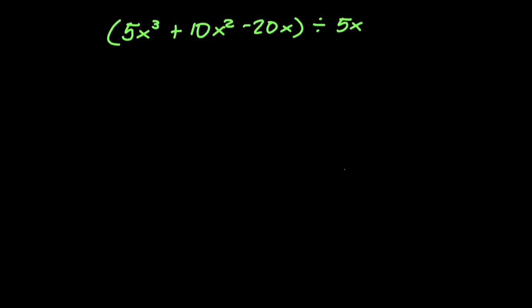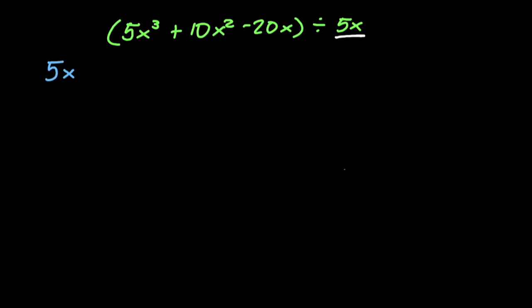Let us start with this. 5x cubed plus 10x squared minus 20x all divided by 5x. So now you can see this is also a polynomial, but you can also use this form.